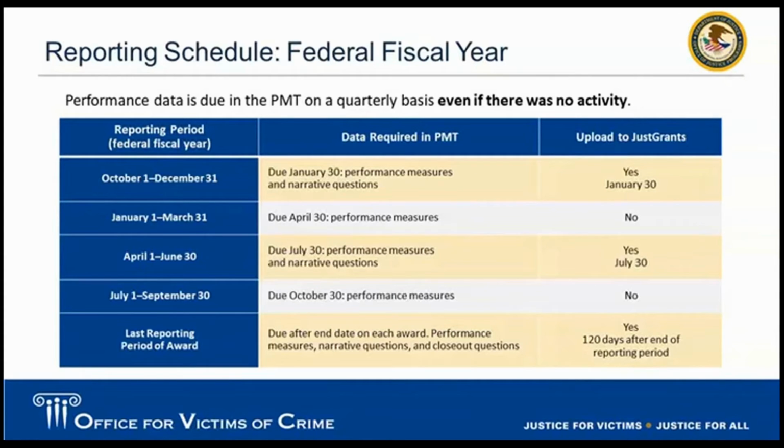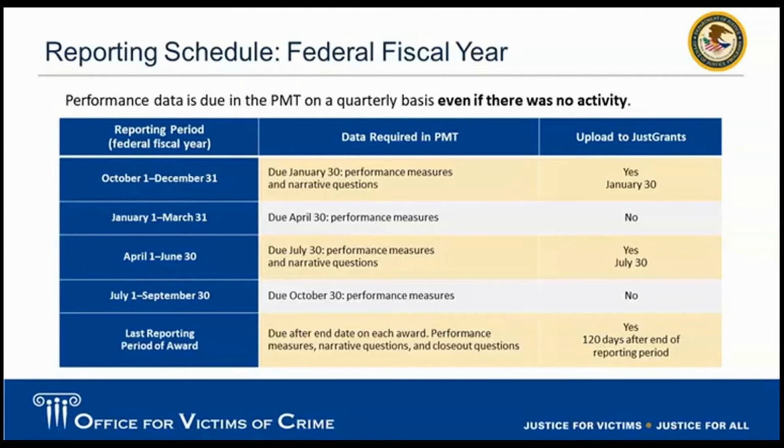Easy way to keep track of it is in January and July, you have semi-annual reporting due. So next month, the July reporting period, not only will you be completing quantitative data, so those numbers, you'll also be responding to the narrative questions and submitting by July 30th. Since it is a semi-annual reporting period, you will need to upload that report from the PMT into JustGrants, and again, we'll talk about that in a little bit.